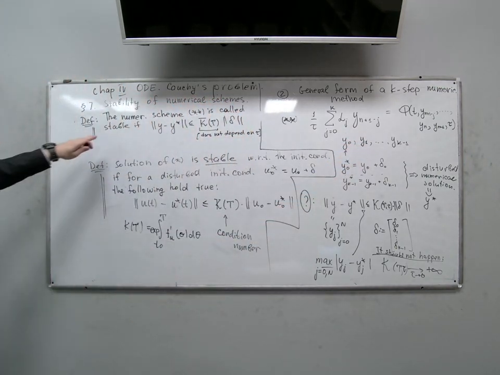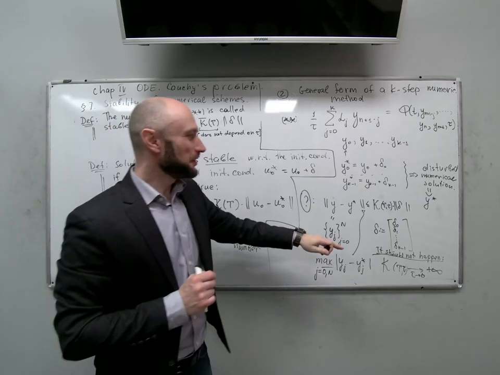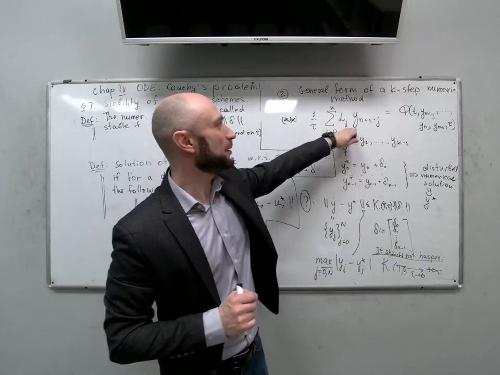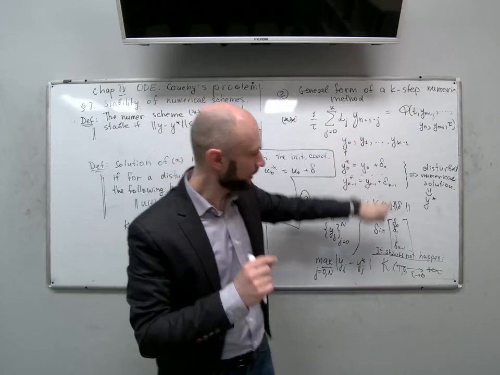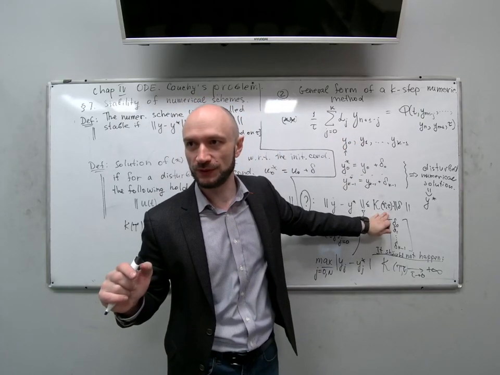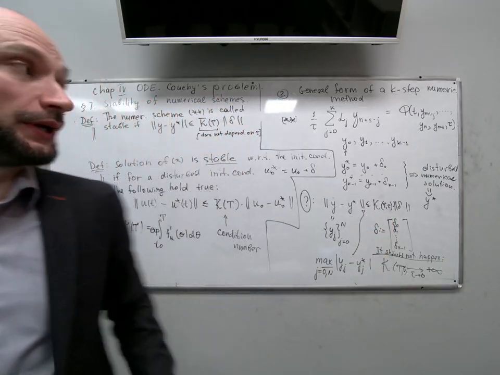It's not just a choice. It's work for us to formulate the scheme in such a way that this constant for this particular scheme does not depend on tau. This is what we need to ensure when we formulate our scheme.